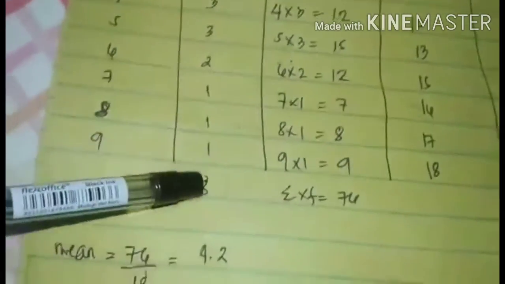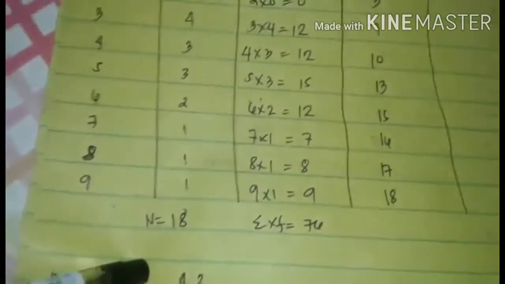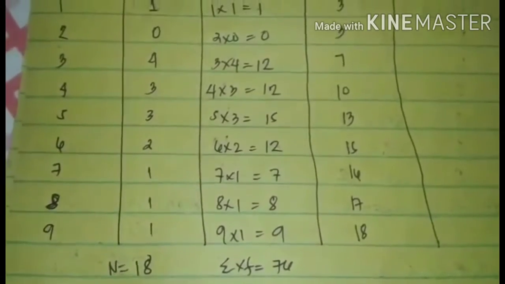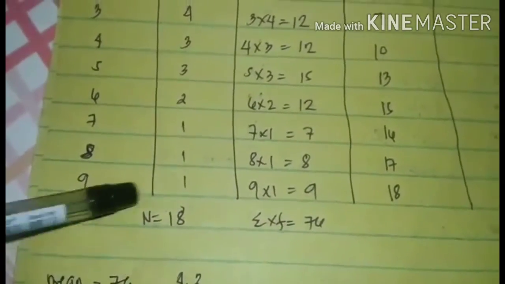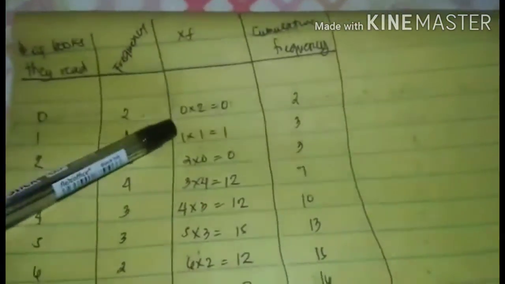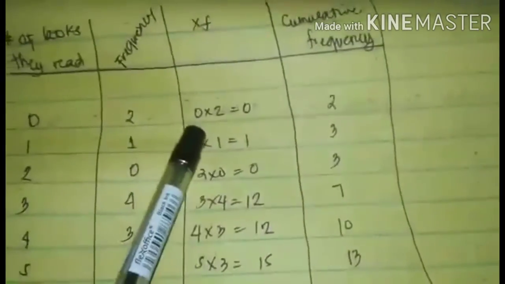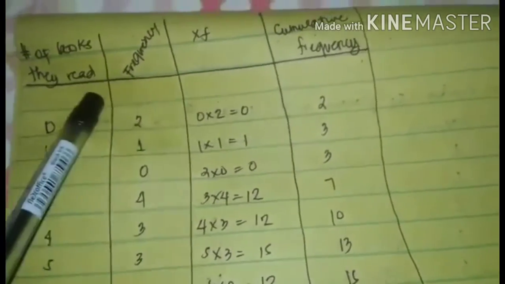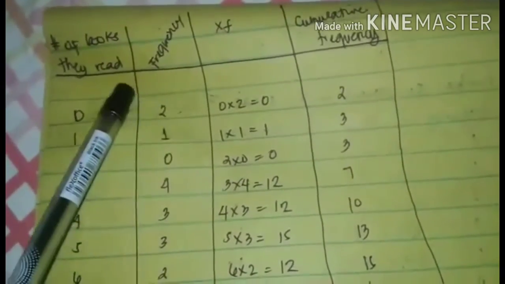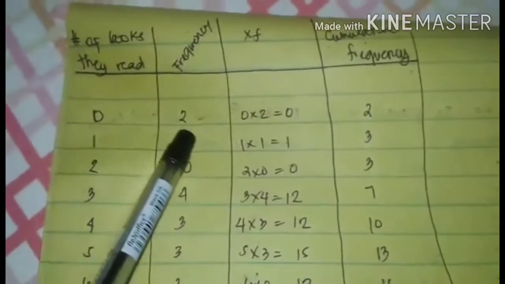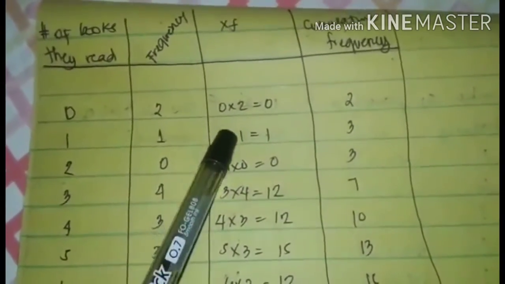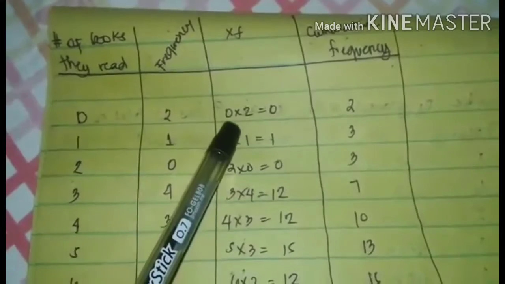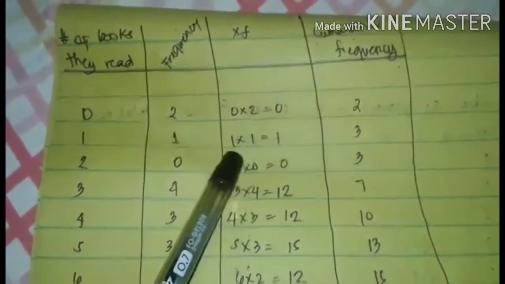We have a total of 18. For the XF, just the same as what I said a while ago, we multiply the number of books they read by the frequency. So we have 0 and the rest will follow.